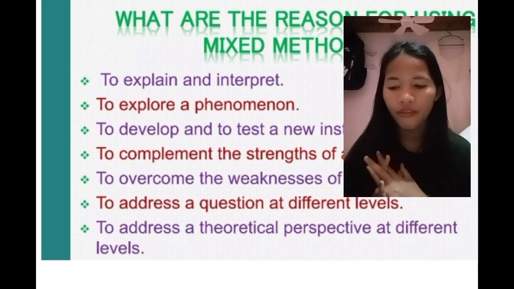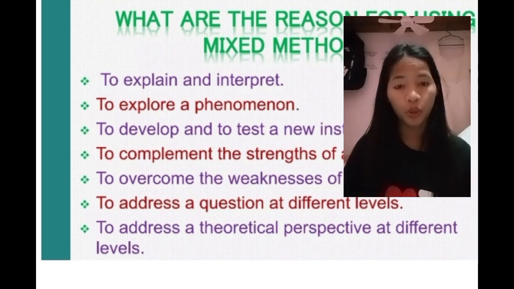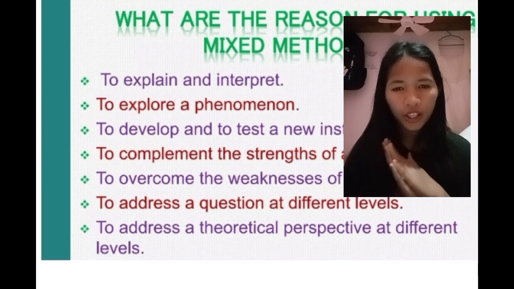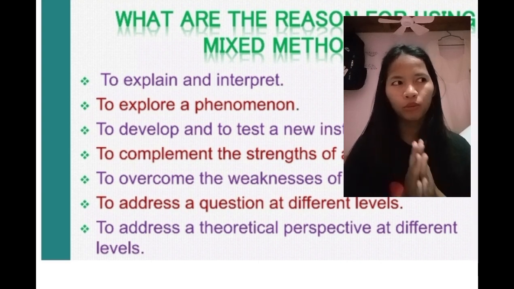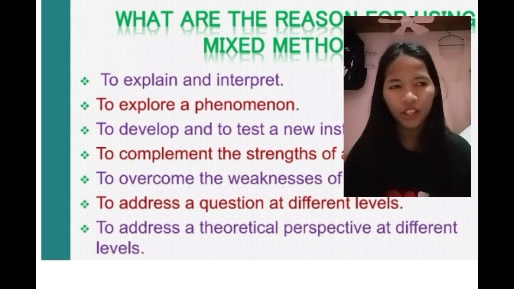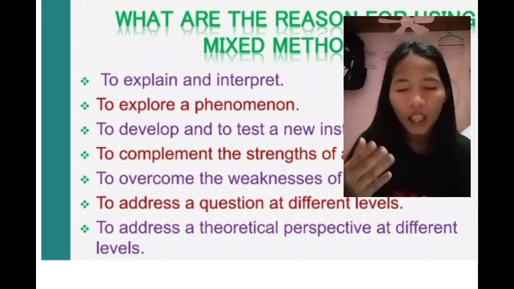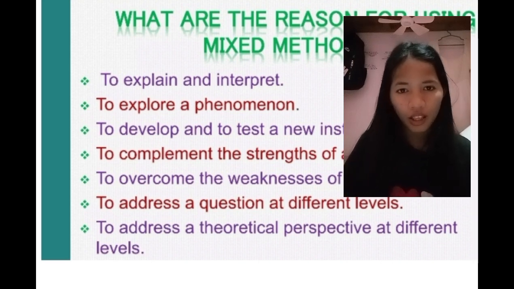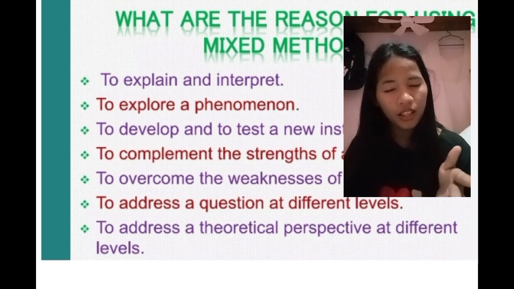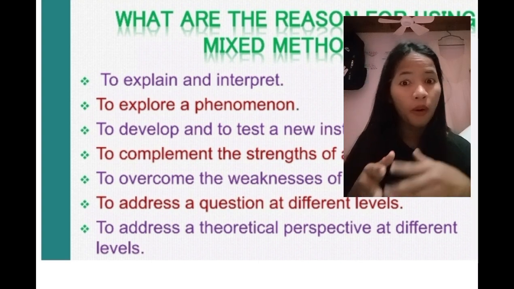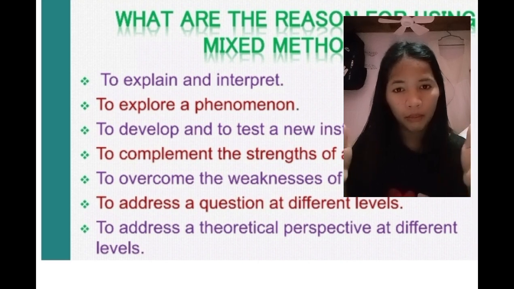The next is to develop and test a new instrument. If your instrument in your data gathering involves a quantitative research design, and you are using quantity and your instrument also needs quality, of course you need to use this research design.